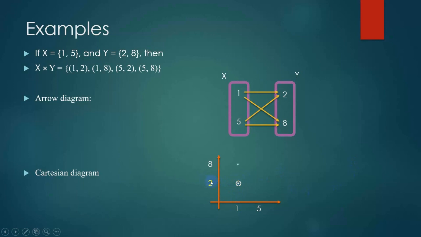Okay? This point represents the ordered pair (1, 8). This point represents the ordered pair (5, 2). This point represents the ordered pair (5, 8). That's about the 3 forms of the Cartesian product, which are set of ordered pairs, arrow diagram, and Cartesian diagram.